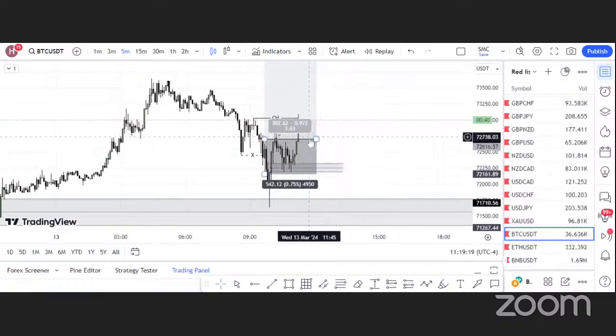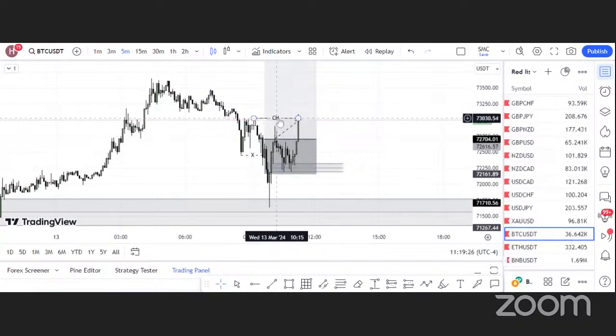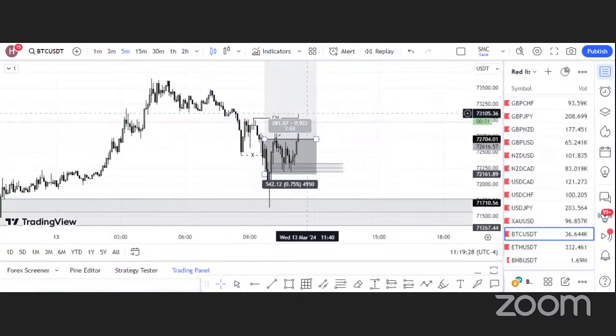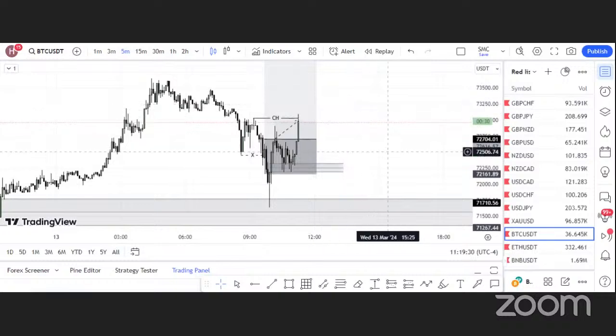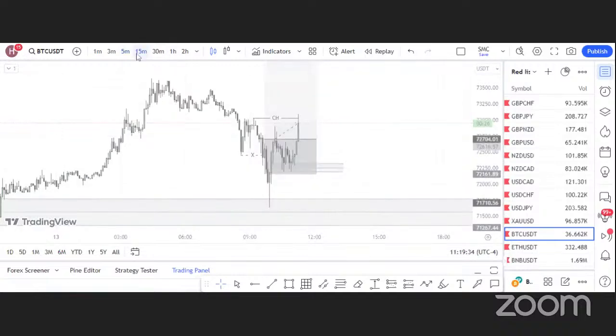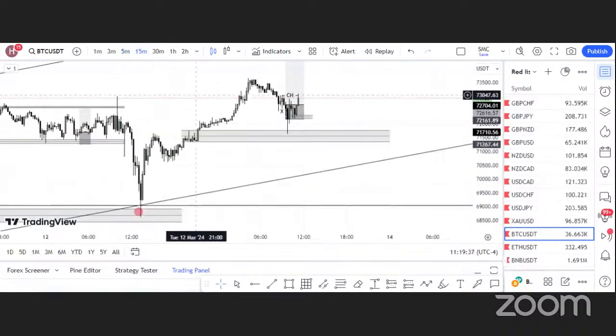The confirmation is for the candle to close with a full body above this line where I labeled CH. And we are currently on the 5 minutes time frame.